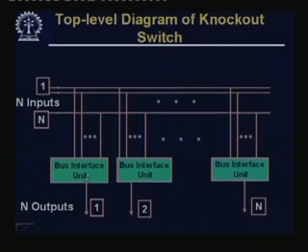Each of the bus interface units 1, 2, 3 up to n will receive that signal, but bus interface unit 2 knows that this is meant for it. So, it will allow this signal to be transferred to the output line, whereas the others will simply ignore it. So, this is another fairly simple scheme. We have of course reduced the number of switching elements that are required.